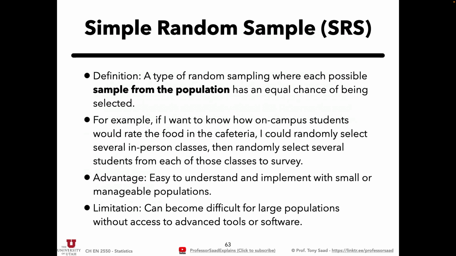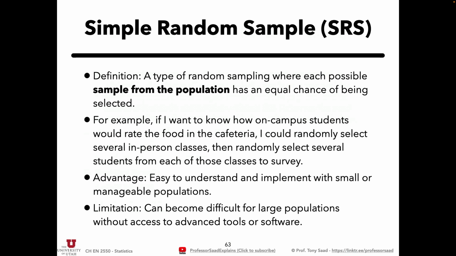So let's say my population is the University of Utah students. Let's say half of you stay at work, study from home, and the other half comes in person, right? So what I would do, I would just look at the in-person classes, my samples are the classrooms, right? Because you're here in person, and I would randomly select students, one student from each classroom, from each sample, okay?